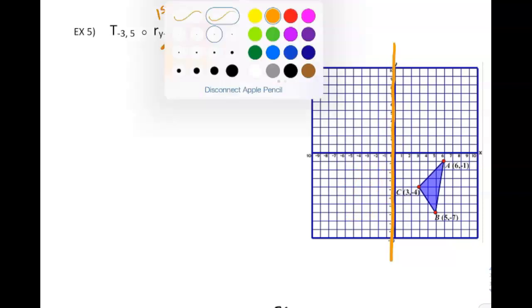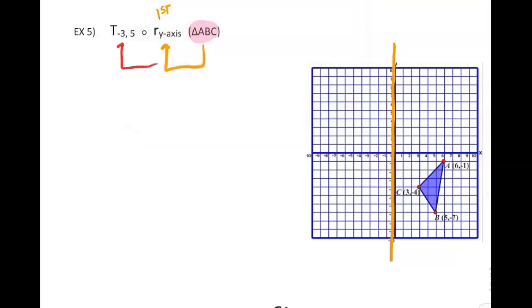And then example 5 at the bottom, we already have a triangle plotted for us, ABC. We're going to take said triangle and first reflect it over the y-axis. So it'll end up reflecting over there. It'll end up over here somewhere, right? Then you take the one that you have over here and then you move it to the left 3 and up 5.